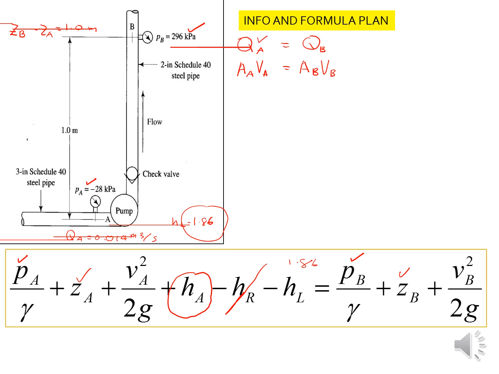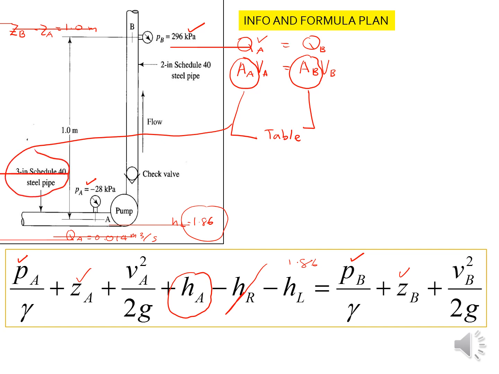For the area at A and the area at B, we can actually determine them from the table. For the area at A, the spec for the pipe is given here, which is a 3-inch schedule 40.